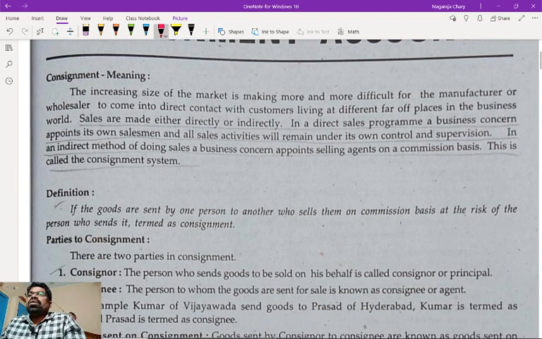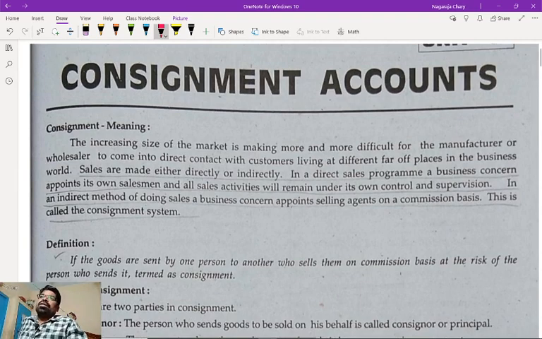So let us know what is consignment. Generally, all the manufacturers or traders are interested in doing their sales at different places to meet different people's demands and needs. The people who are interested in purchasing the goods, and the manufacturer also is interested in selling the goods to people in different areas to improve their turnover.